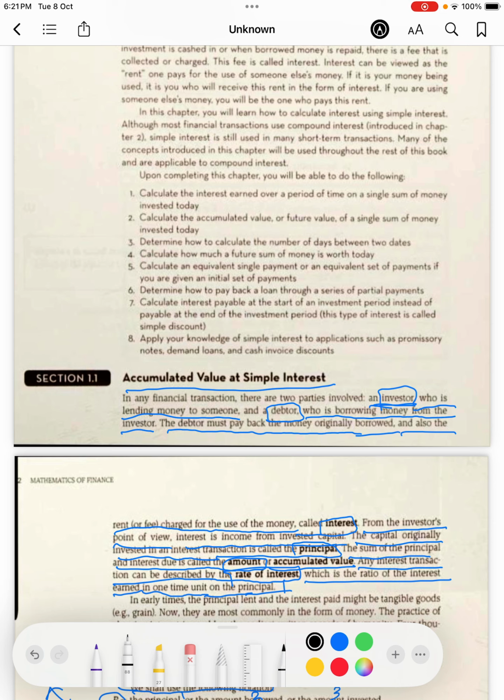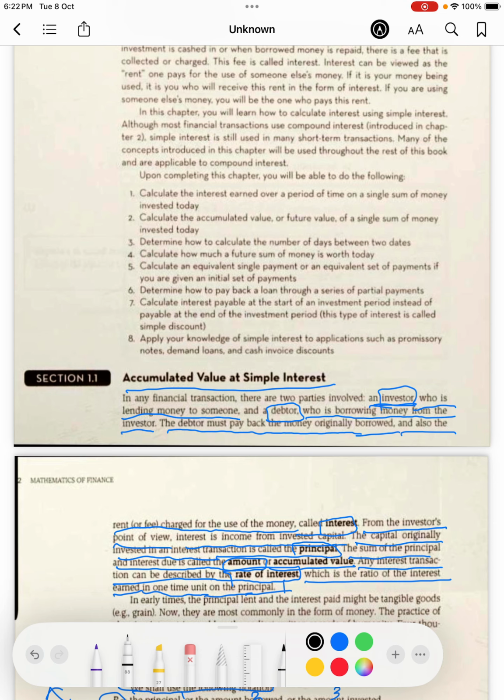In any financial transaction, there are two parties involved: the investor, who is lending money to someone, and the debtor, who is borrowing money from the investor.